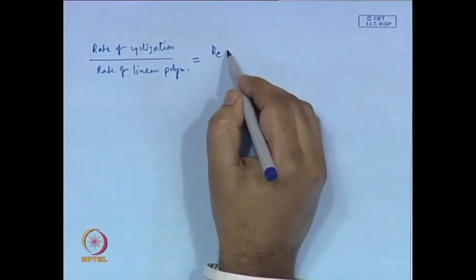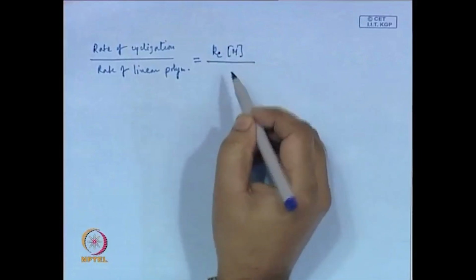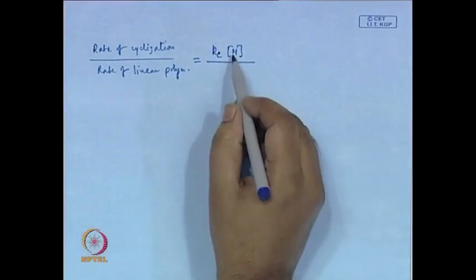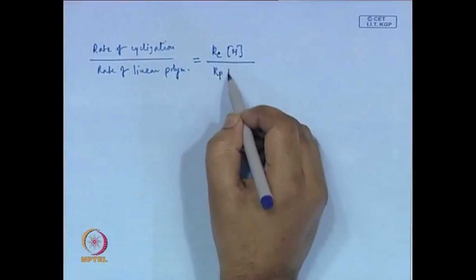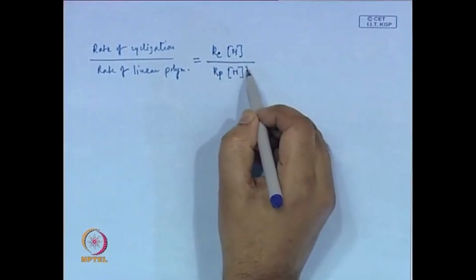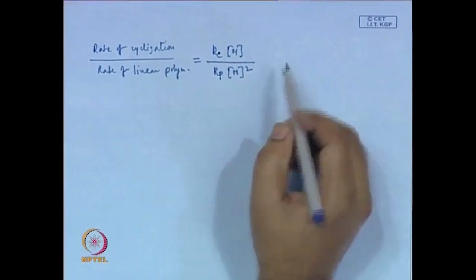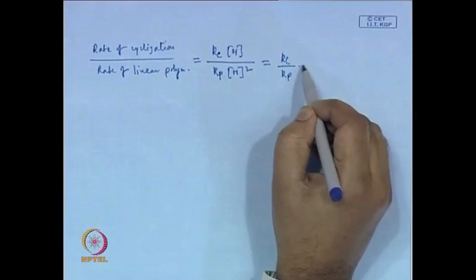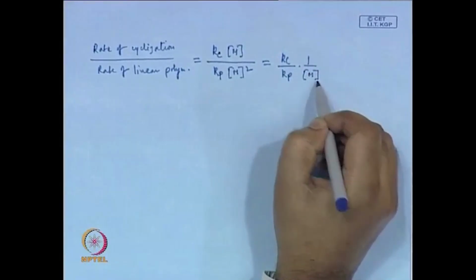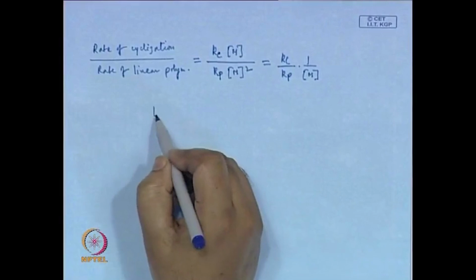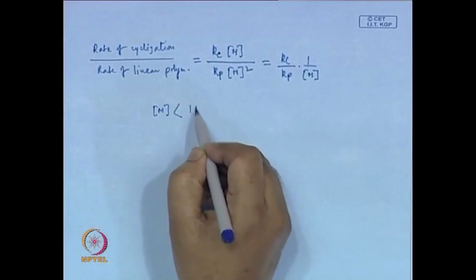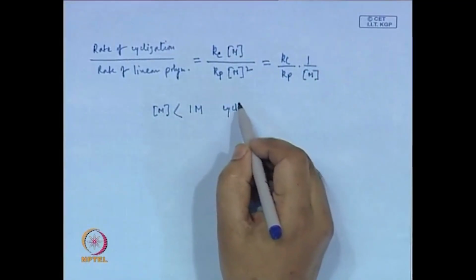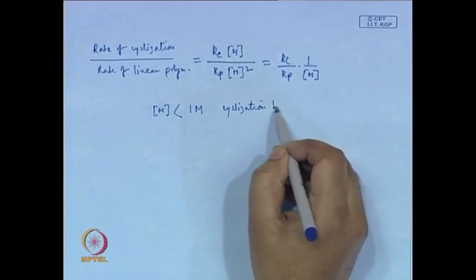Kc is the rate constant for cyclization, and because it is a unimolecular, intramolecular reaction, the rate is Kc times M. And the rate of polymerization is Kp, and because it is a bimolecular reaction, we have M squared. So, this gives us Kc by Kp times 1 by M. Now, as long as M is less than 1 molar, cyclization will be preferred.